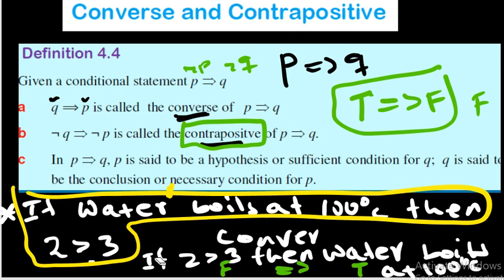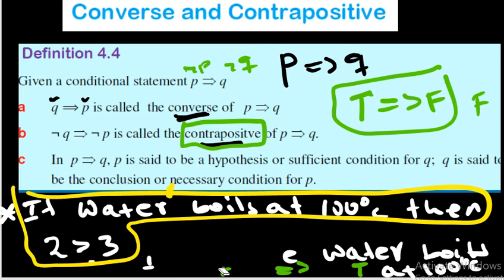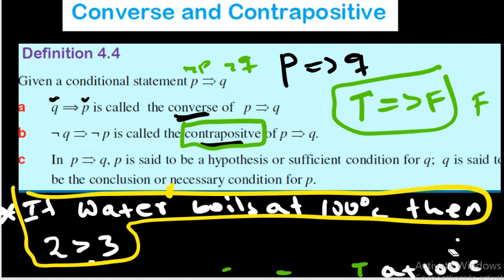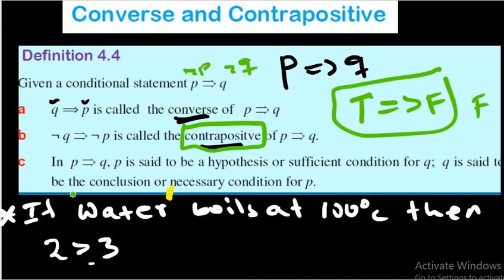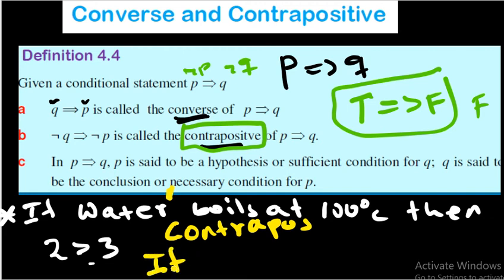So how do we state the contrapositive of this statement? Let us try. Our statement says, if water boils at 100, then 2 greater than 3. Now we state the contrapositive: I negate the conclusion and bring it as the premise.